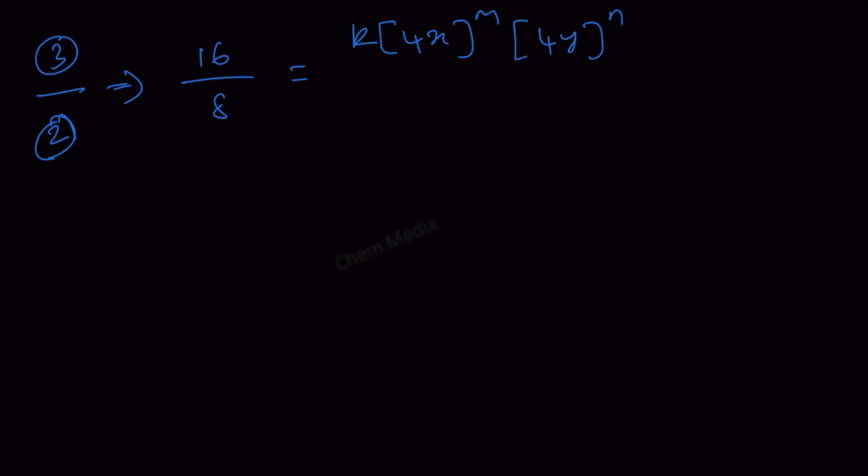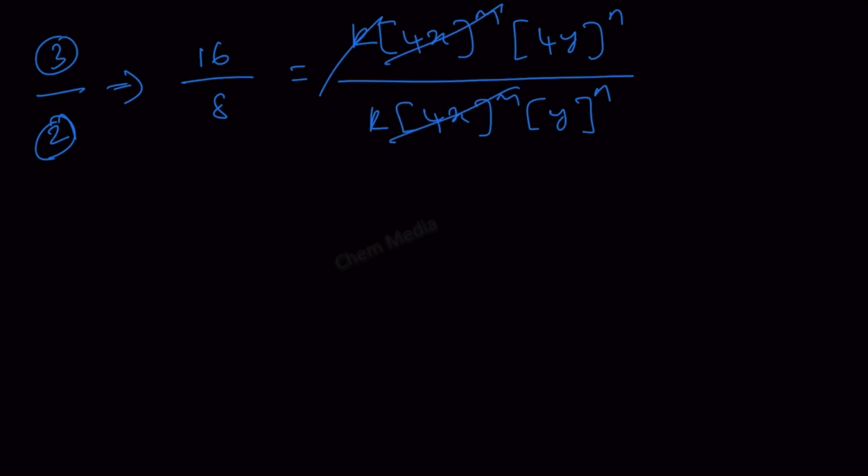So if we divide equation 3 by 2, then it would be 16 by 8 is equal to k times 4x to the power m times 4y to the power n divided by k times 4x to the power m and y to the power n. 4x to the power m, 4x to the power m we can cancel, k and k we can cancel, y to the power n, y to the power n also we can cancel.